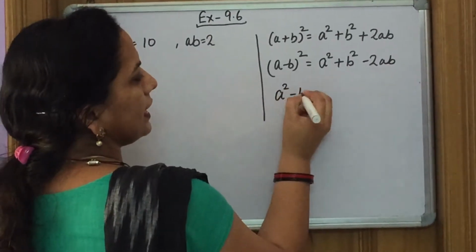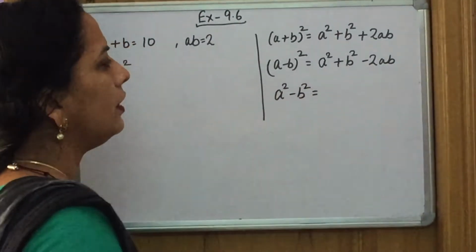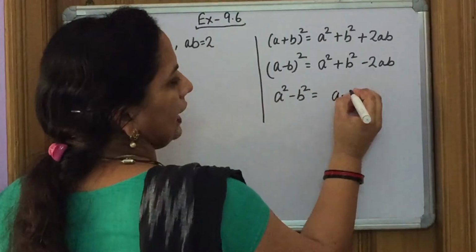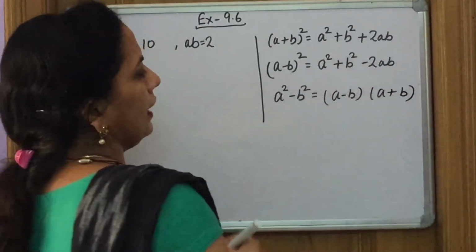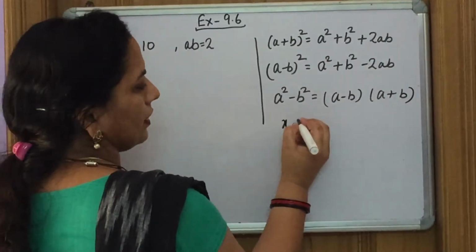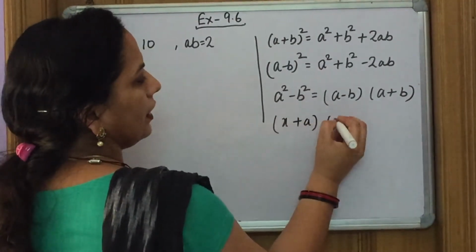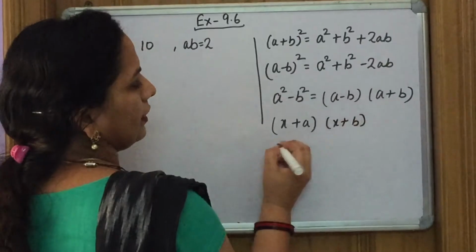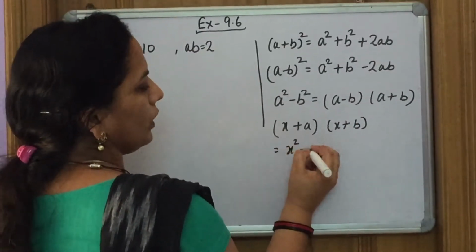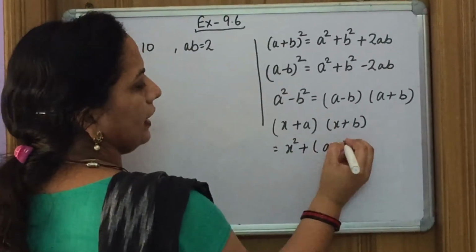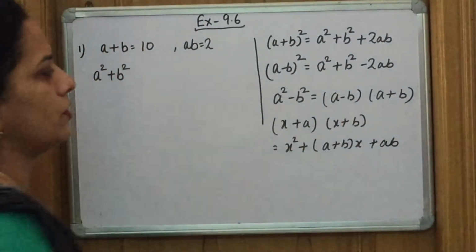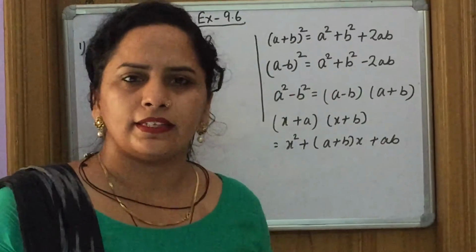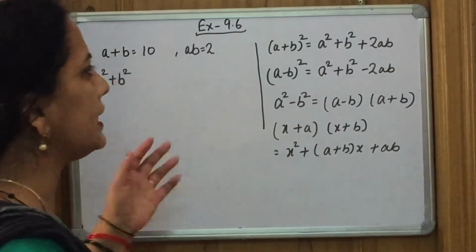The third one is a square minus b square, which is equal to (a minus b)(a plus b). And the last one is (x plus a)(x plus b), which is equal to x square plus (a plus b)x plus ab. So these are the algebraic identities which we will use in this exercise.